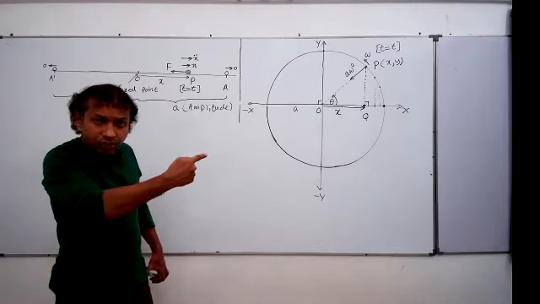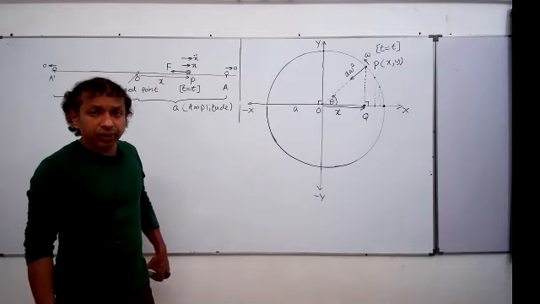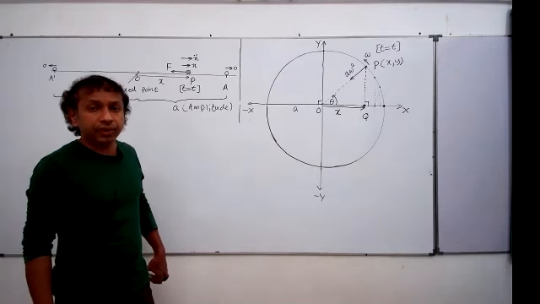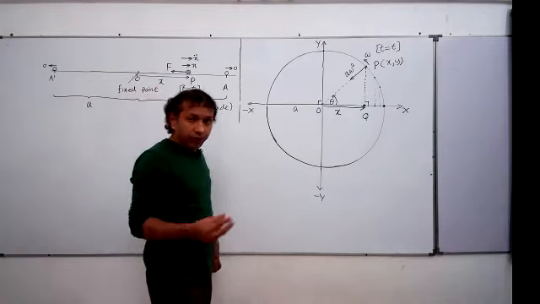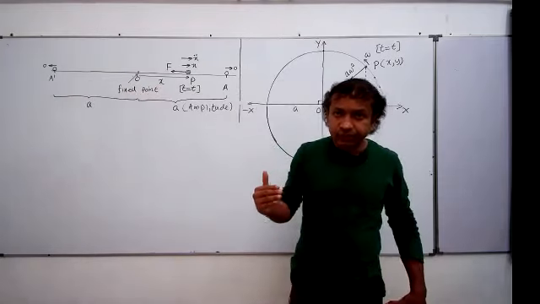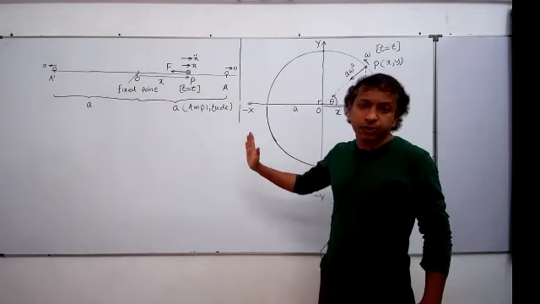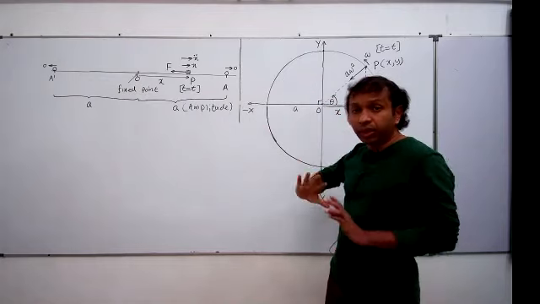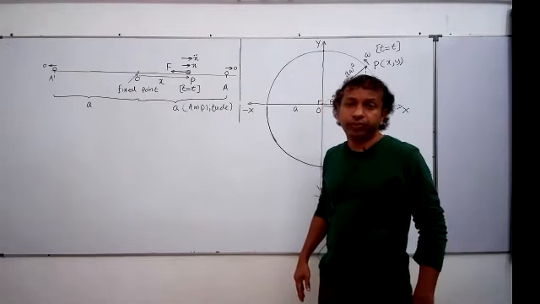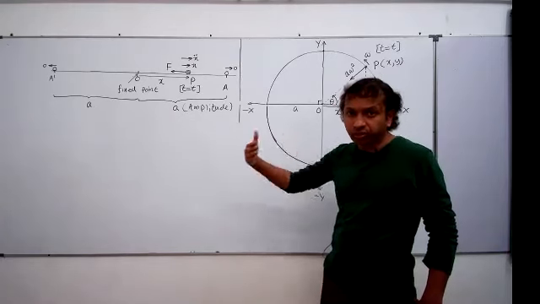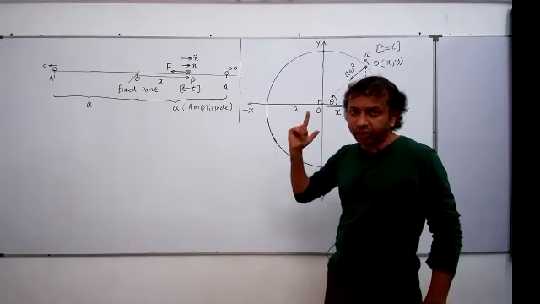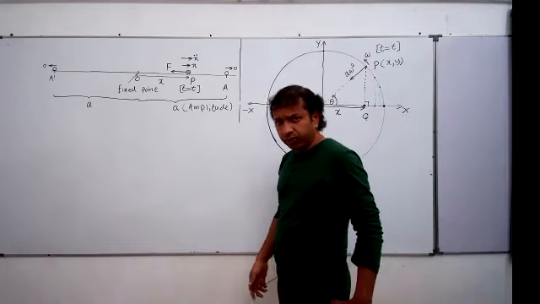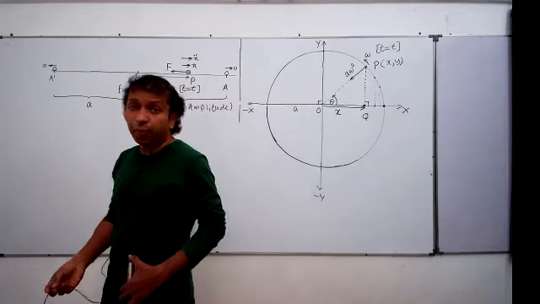The horizontal motion of point P and point Q is the same, identical. That means during the same time intervals, the horizontal displacements of point Q and point P that moves on the circle are the same. Horizontal motion only we consider in this case of point P and point Q.